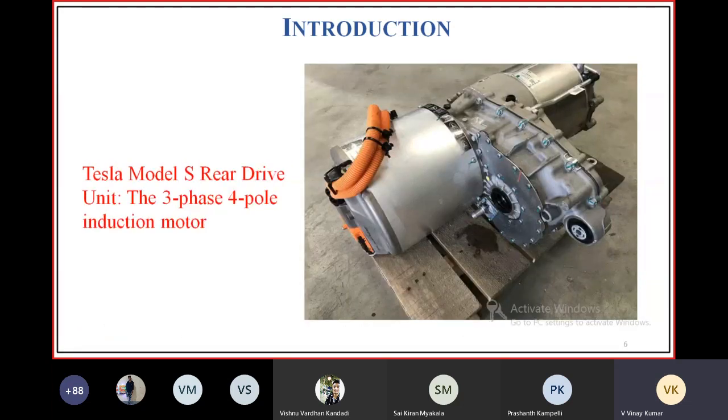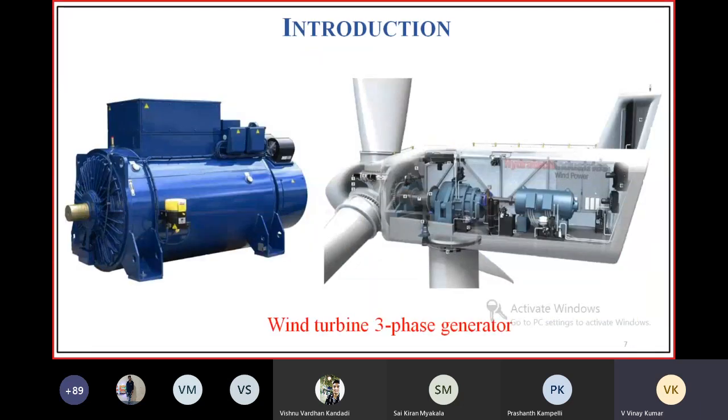Here we have a three-phase induction motor, which also works on three-phase system. One more example: here we have a three-phase generator in a wind power plant. In a wind power plant, we use a three-phase generator to produce three-phase supply.